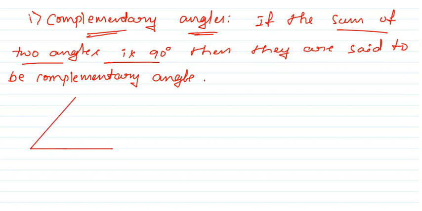If it is 60 degree or 50 degree, right? So this is 50 degree and this is created 40 degree. See, 50 degree plus 40 degree, it become what? 90 degree. These two are equal to 90 degree.